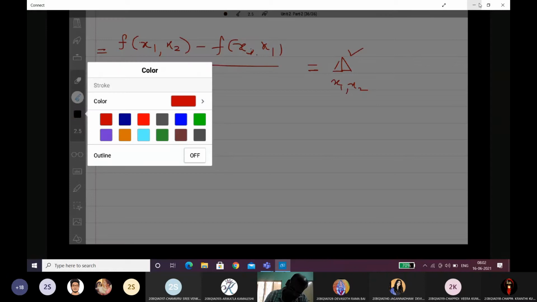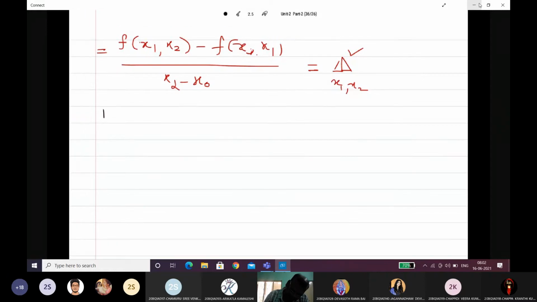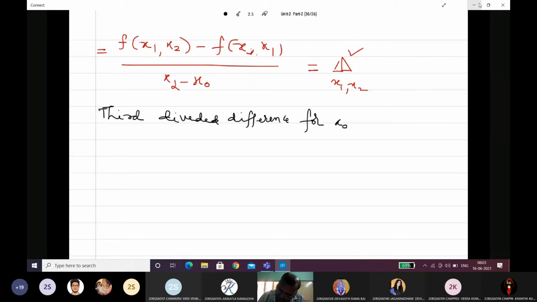Similarly, the third divided difference. For the first we need 2 points, for the second we need 3 values, and for the third we need 4 values, that is x0, x1, x2, x3.